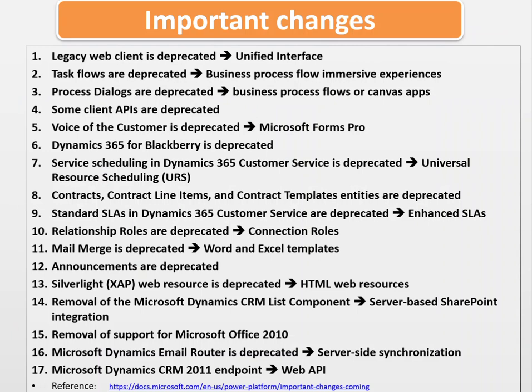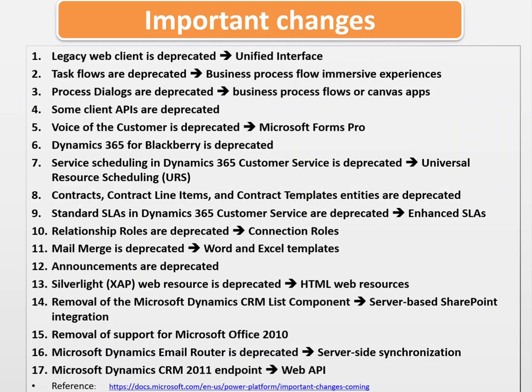Related to some client APIs, it is a long story, and this will be the main part of our upgrade related to our UI, because a lot of libraries have been deprecated. Some of the features like autocomplete are not working, things like that.